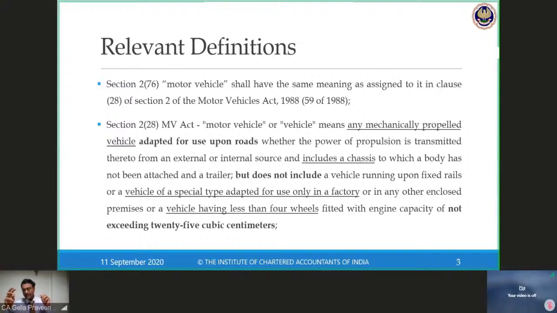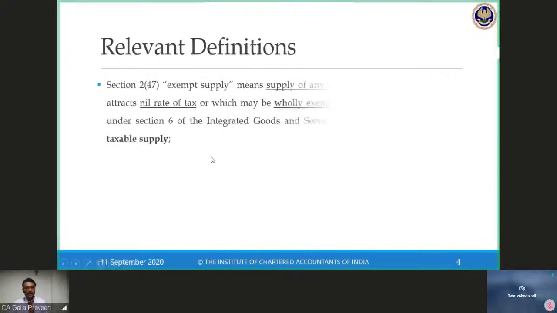An example is the small vehicles used in go-karting or used by kids at home. Electrically propelled vehicles used in domestic places, usually kids' battery operated vehicles, which have a backup using a battery. Those are the vehicles which are covered under this particular definition called motor vehicle.